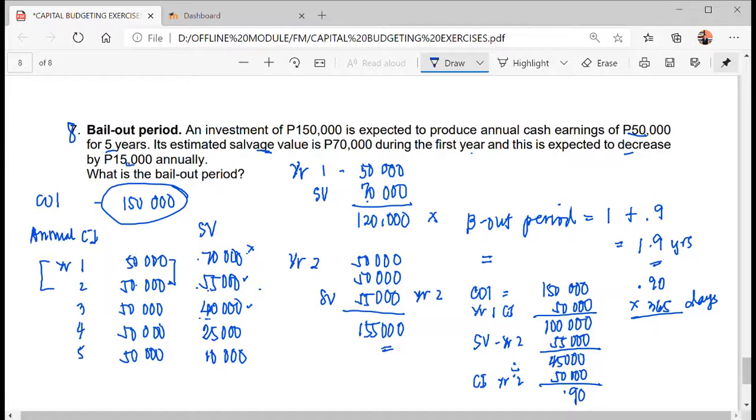So 365 times 0.90 is 328.5 days. So the year is almost finished, right? Only a little is lacking: minus 365, it lacks only 36 days. So it is around the 11th month of the year when you recover the 150,000. Okay?